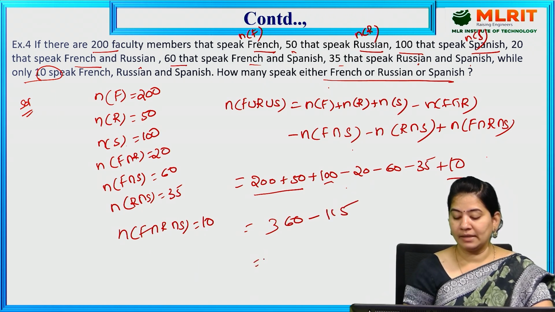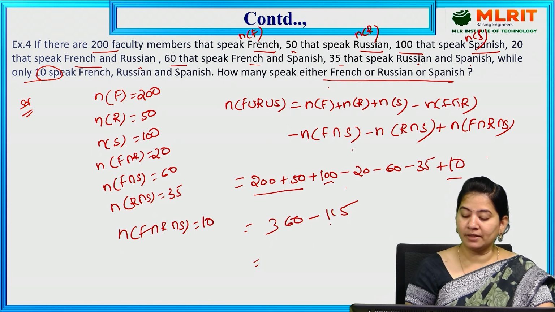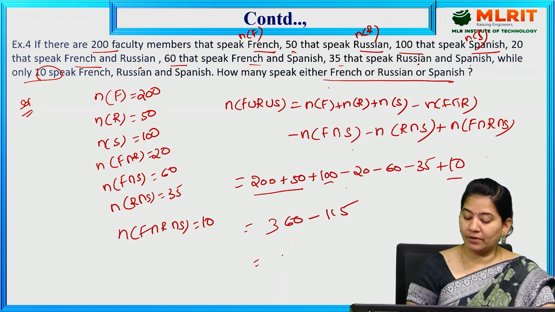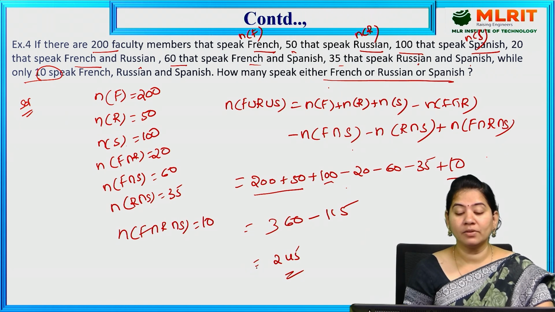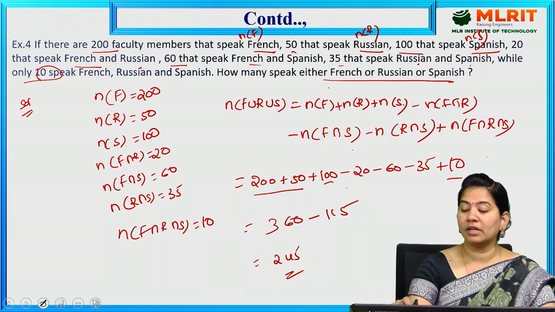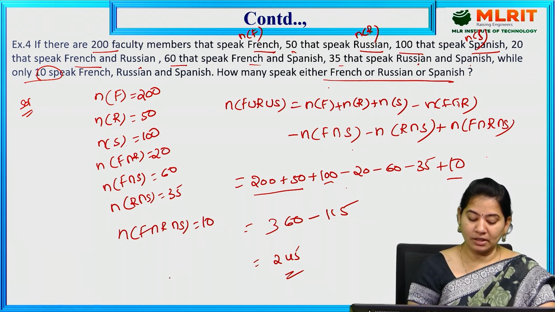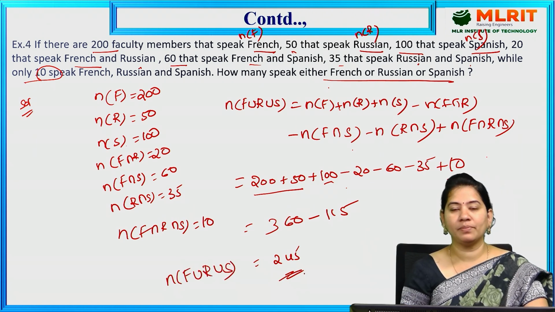So, what is the answer here? 360 minus 115, you will get 245. So, the number of faculty members who can speak either French or Russian or Spanish, N of F union R union S, is equal to 245 members.